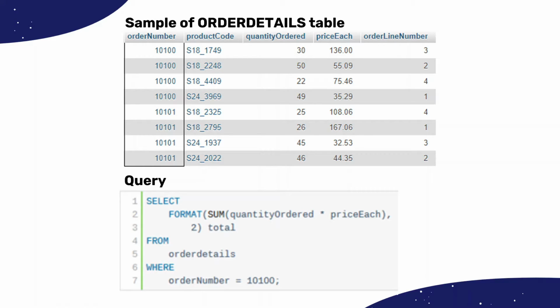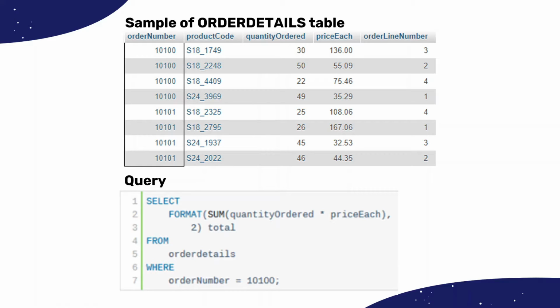of the multiplication between the quantity of items ordered and the price of each item, we can use the SQL query: select, and then format, and then sum. We want to sum the quantity ordered multiplied by price each. Star is used for multiplication, and then we use format, and this is 2. It means that we want to make the result in 2 decimal places, and then total in here is the alias name for the result.